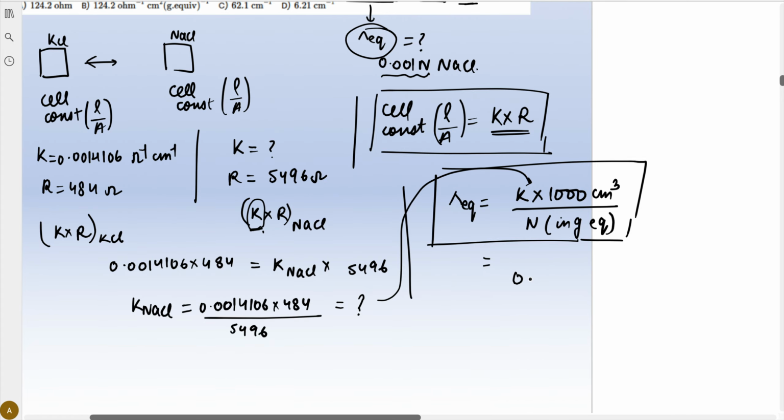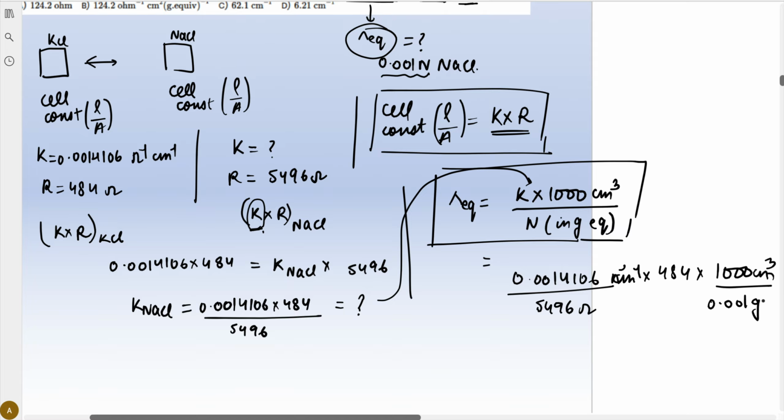See, 0.0014106 divided by 5496 ohm. This is ohm. This will come centimeter inverse into 484 into 1000 centimeter cube divided by how many gram equivalents in 0.01 mole. If you take it, it will be 0.01 gram equivalents.